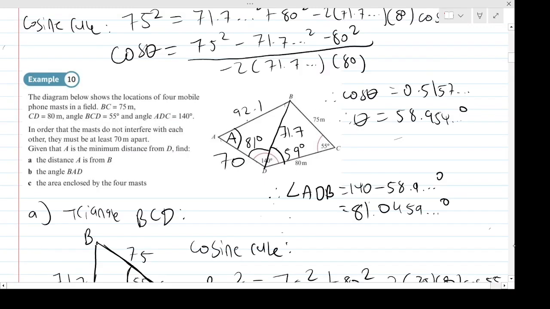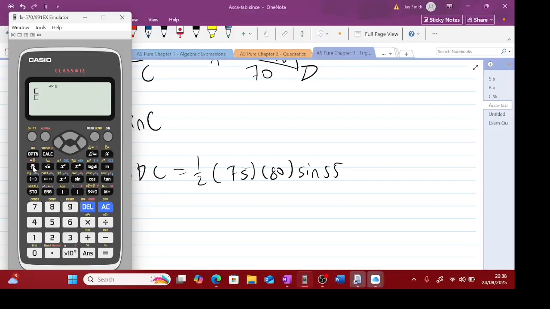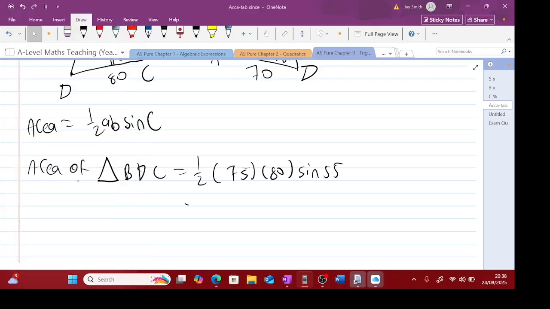So no need to go to the store function of the calculator. So if I just work that out, a half times 75 times 80 times sine of 55, I get 2457.456... meters squared.